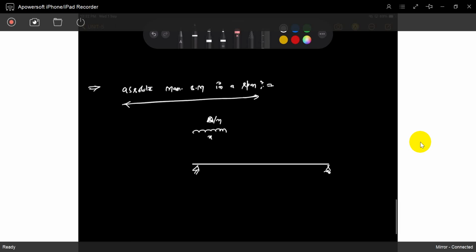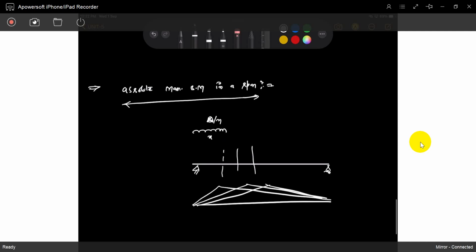You have to check this span, that span, every section, and how we should place the load.